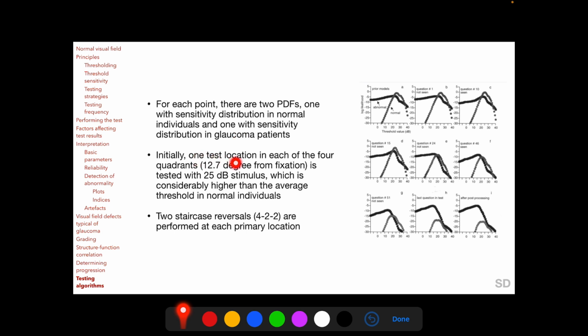Initially, one test location in each of the 4 quadrants is tested with a 25 decibel stimulus, which is considerably higher than the average threshold in normal individuals, and 2 staircase reversals, as in full thresholding, are performed at each primary location, the primary location being the one test location in each of the 4 quadrants 12.7 degrees from fixation.